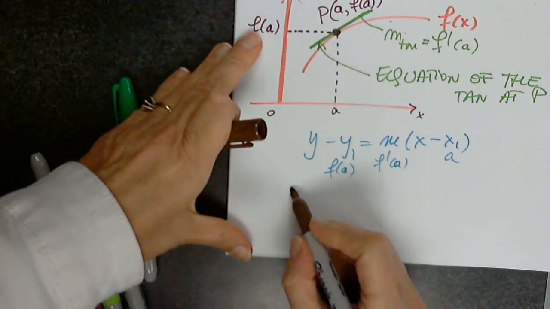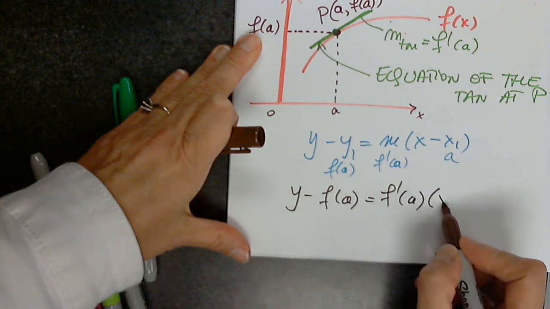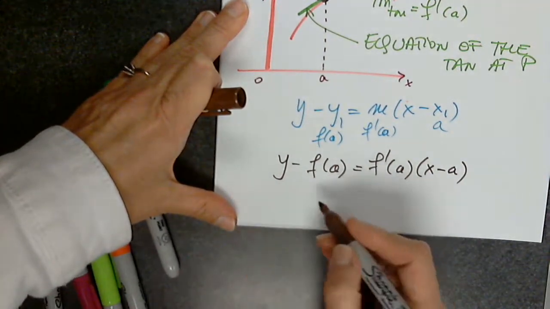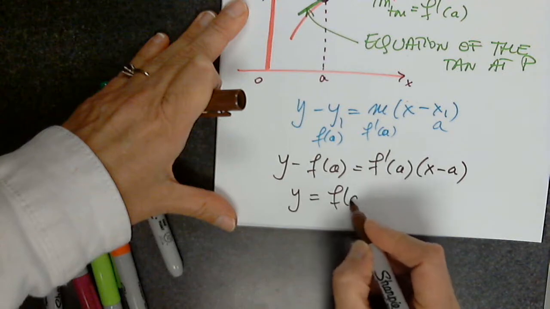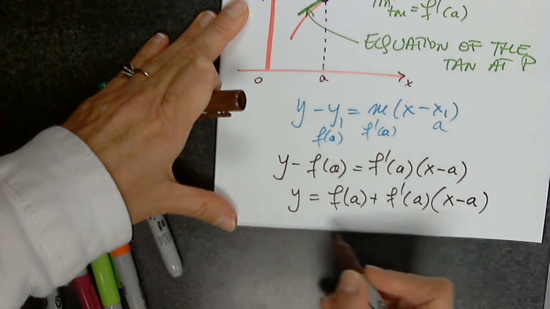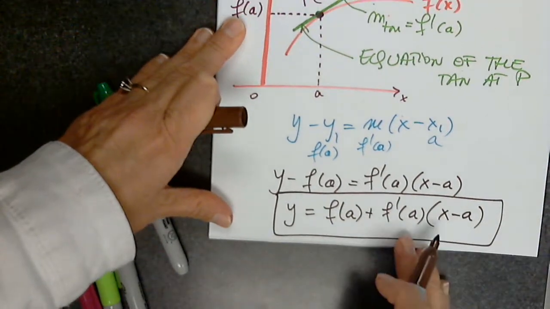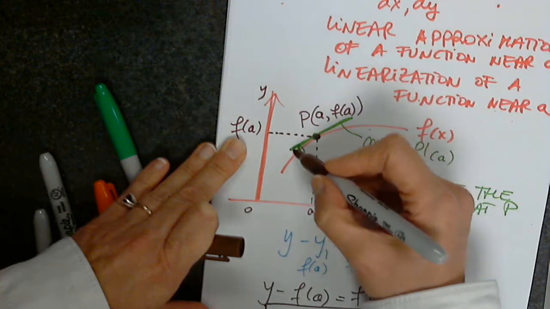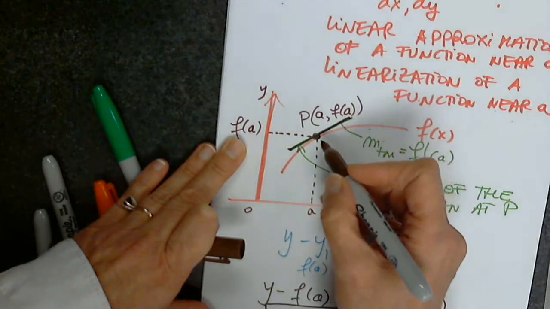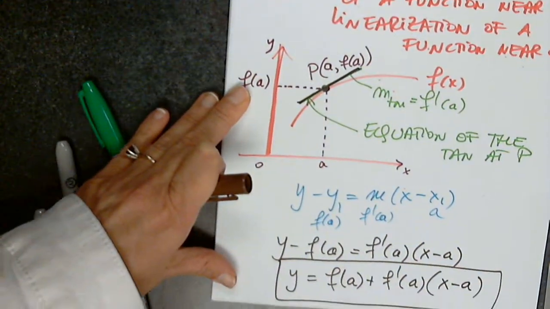So then I have y minus f of a equals f prime of a times x minus a. And I'm solving for y. So this is f of a plus f prime of a times x minus a. So this is the equation of this line that is tangent at a, that a comma f of a.